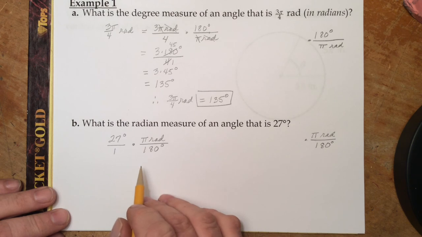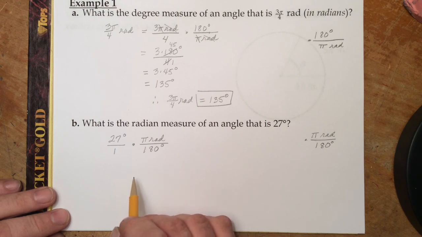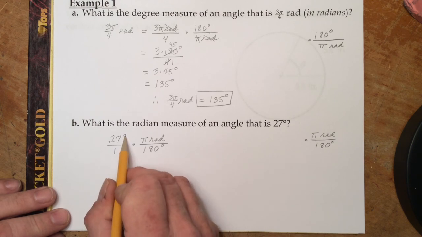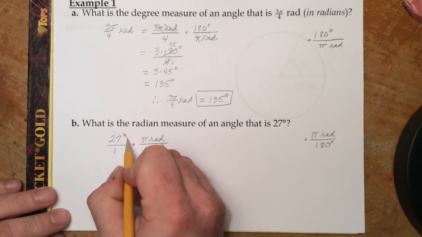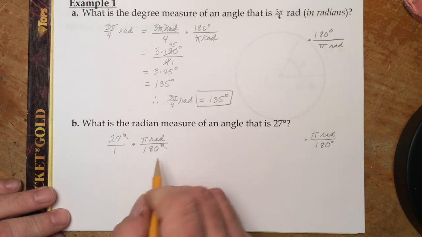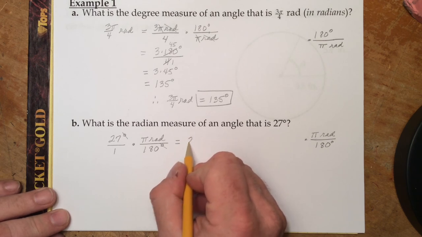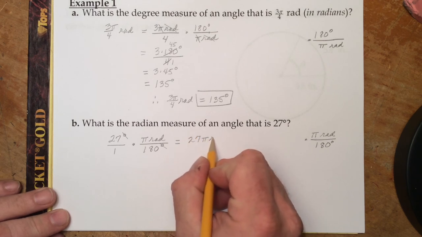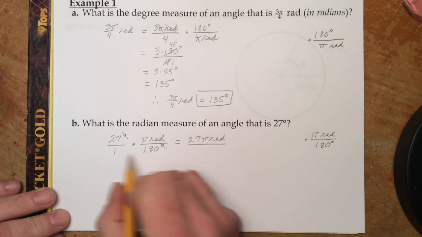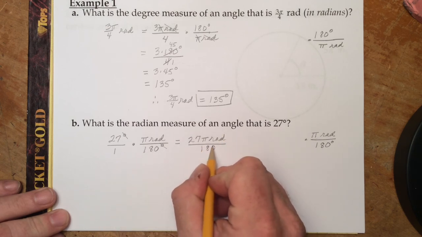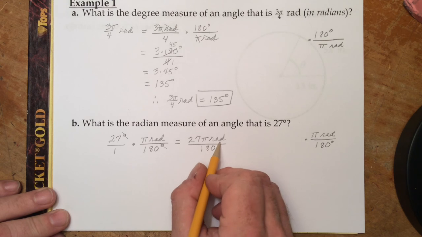Again, we look for symbols that will divide out because of numerator-denominator combinations, and notice that the degree symbols will both divide out. So we end up with 27 pi radians over 1 times 180, which is 180. Notice the degrees went away and we have radians.